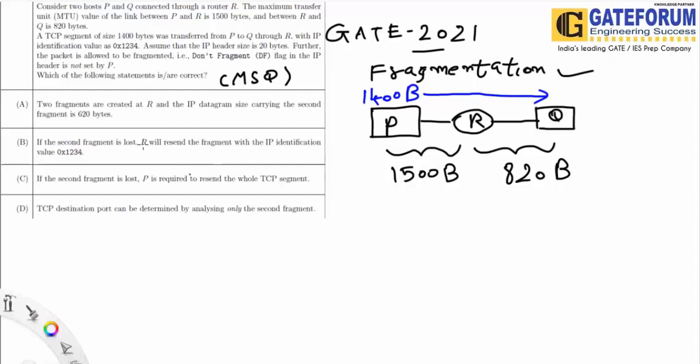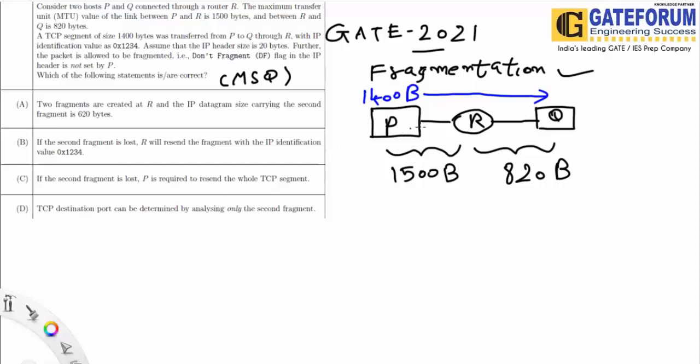Now the first statement is: two fragments are created at R and the IP datagram size carrying the second fragment is 620 bytes. Here the total size of the segment is 1400 bytes.